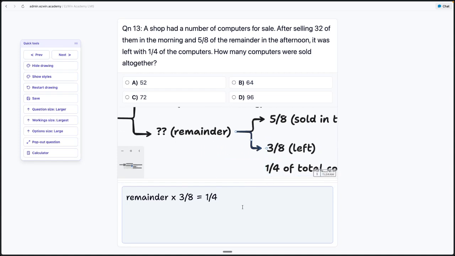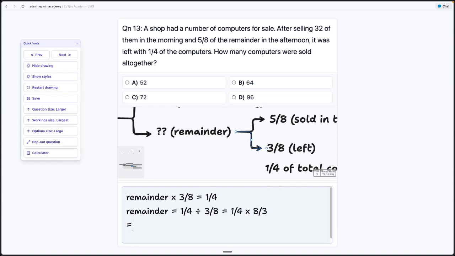So how do we get the remainder? We can just divide. So remainder is equal to one quarter divided by 3/8. Fraction over fraction: one quarter, divide becomes multiply, and 3/8 becomes 8 over 3.